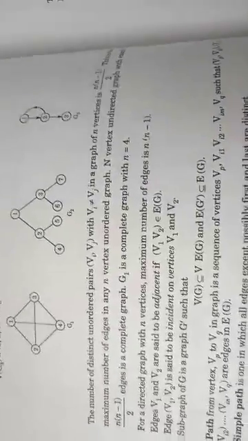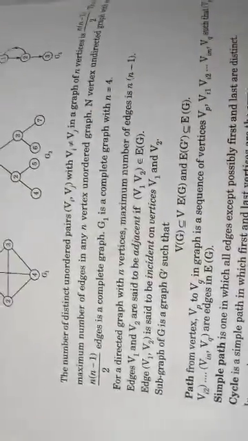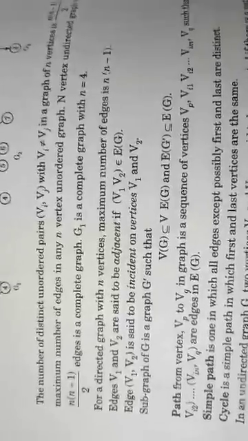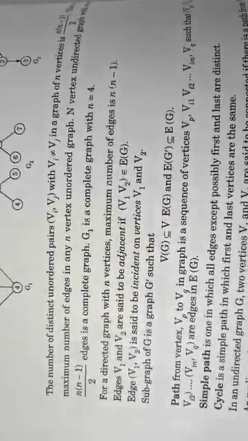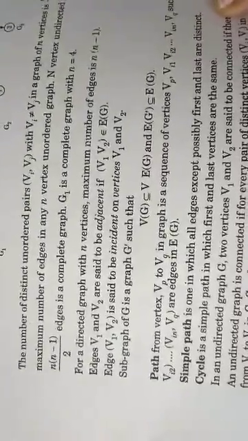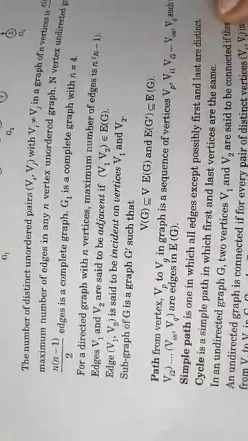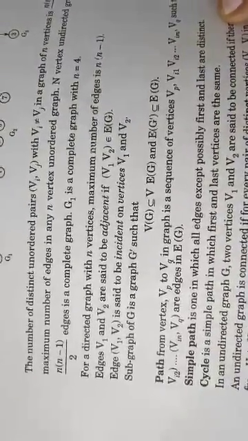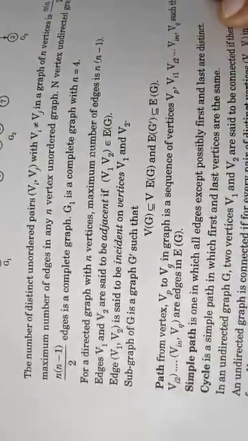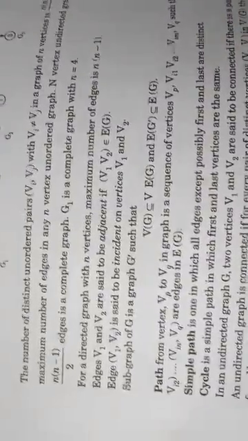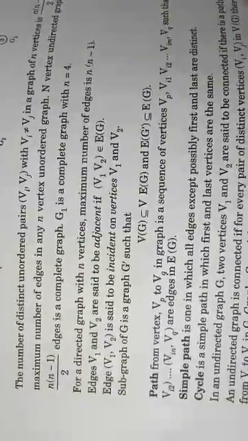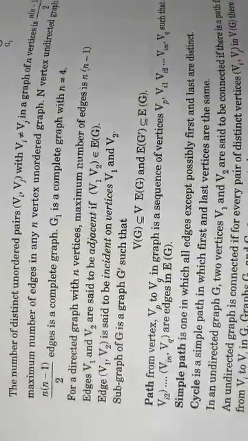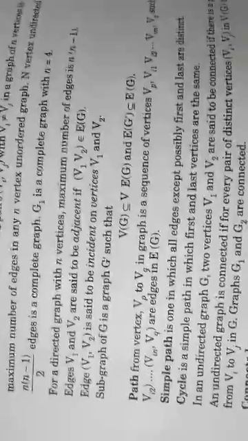This is the maximum number of edges in any n-vertex undirected graph. An n-vertex undirected graph with exactly n(n-1)/2 edges is a complete graph. G1 is a complete graph with n equal to 4. For a directed graph with n vertices, the maximum number of edges is n(n-1).